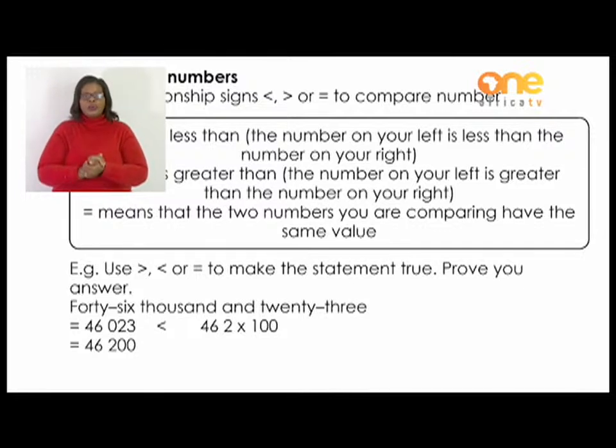Then there's an example below, where we need to use the signs to compare the statement. The example given is 46,023 compared to 46,200. So the sign which is used there is smaller than.